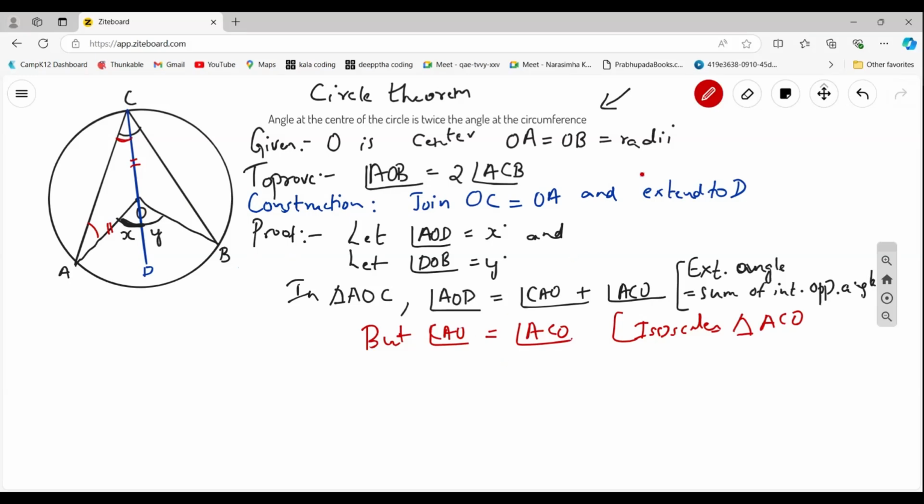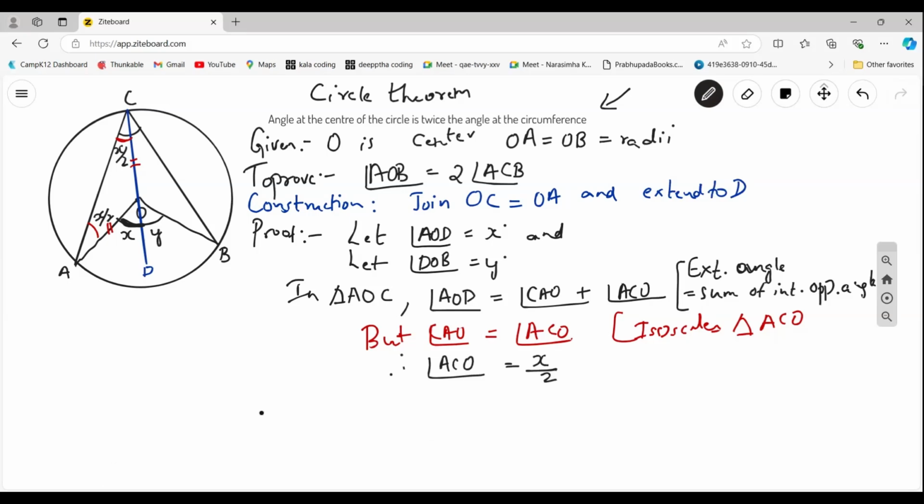Now comparing these two equations, what do we come to know? The first one and the second one. They are equal, and the summation is X degree. That means this will be half and this will be half. Therefore, we can say angle ACO is equal to X by 2.